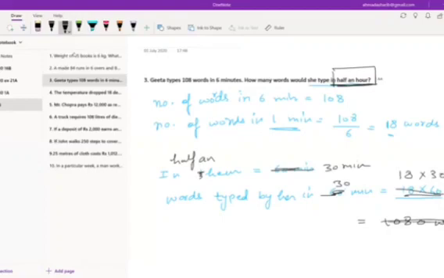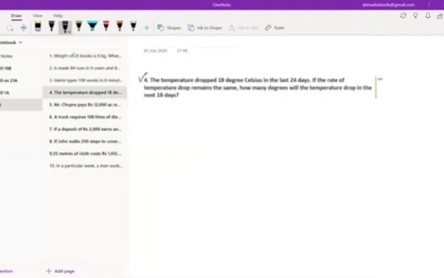Fine. So our answer will be 540 words. This is the answer. Is it clear? Actually, the question was asking how many words she will type in half an hour, not in 1 hour.